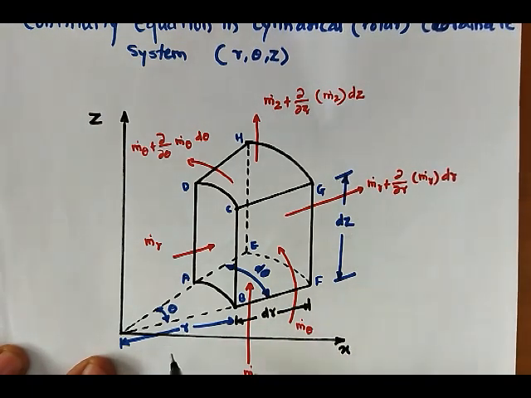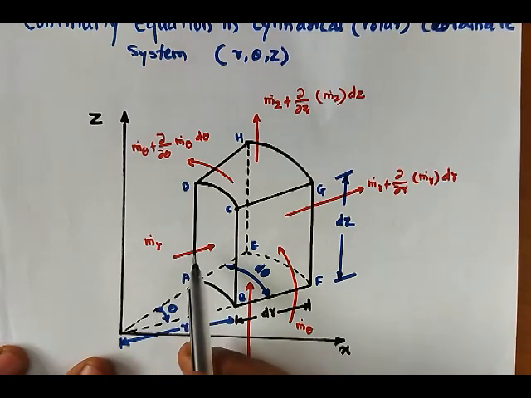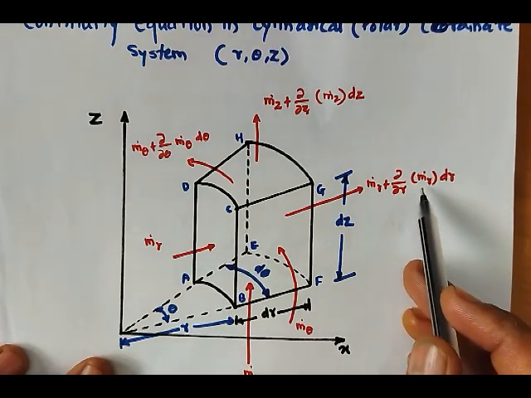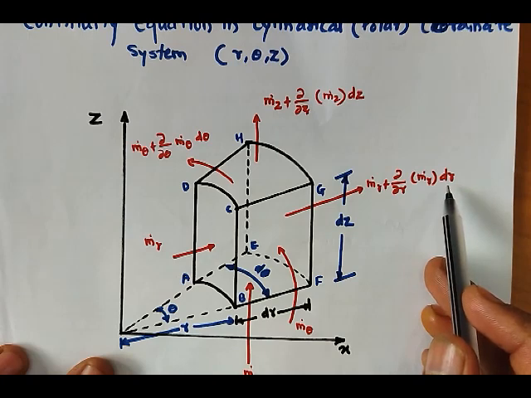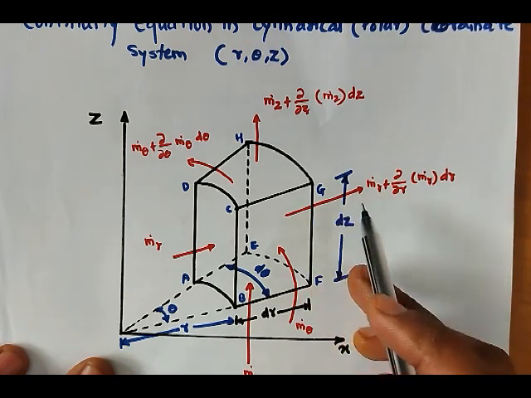Here the angle occupied by this element is theta, and m dot r indicates the mass flow rate in the radial direction input to the element, and m dot r plus ∂/∂r of m dot r multiplied by dr is the mass flow out from the radial direction.